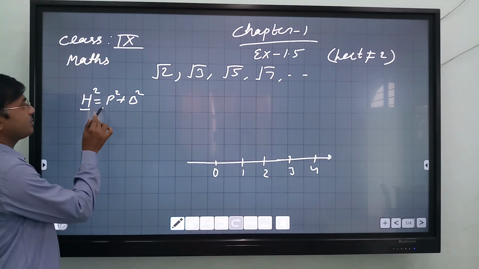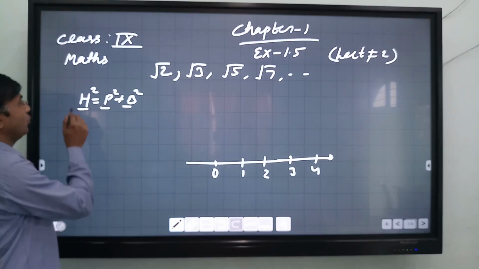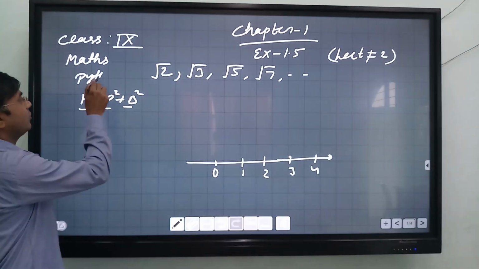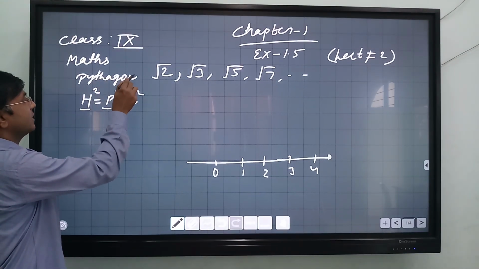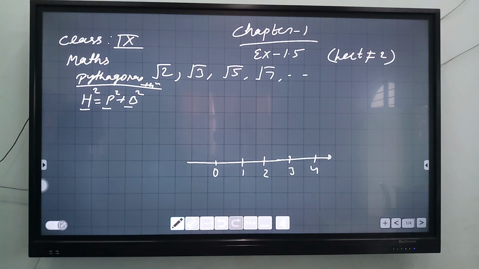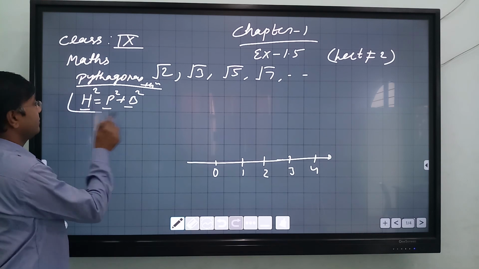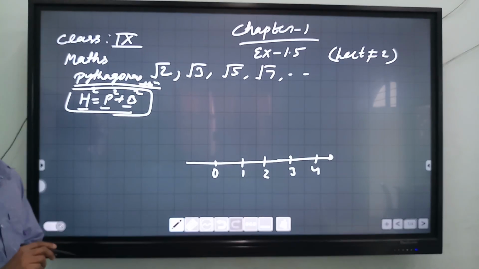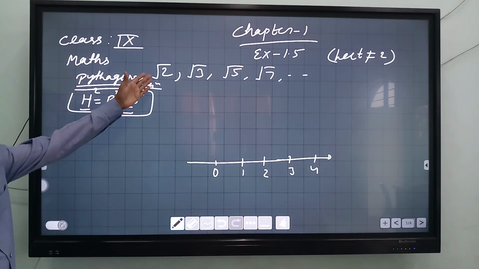H for hypotenuse, p for perpendicular, b for base, known as Pythagoras theorem. I think you must have heard this theorem, and in previous videos I also discussed it for this question. So now let's start from under root 2.